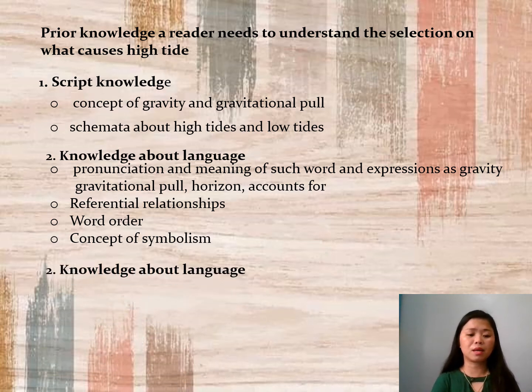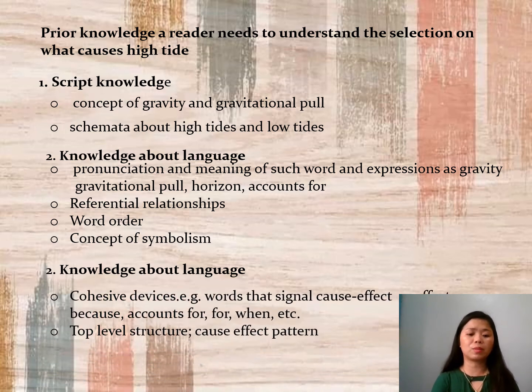And next is the knowledge about text structure: the cohesive devices, for example, words that signal cause and effect, such as because, accounts for, when, etc., and the top-level structure, the cause-effect pattern.